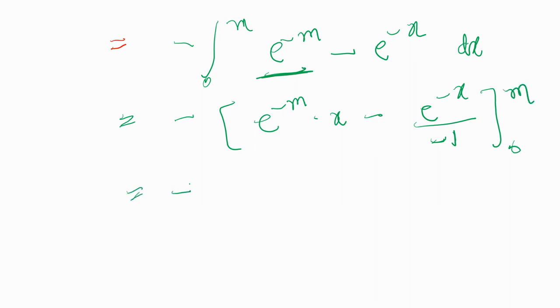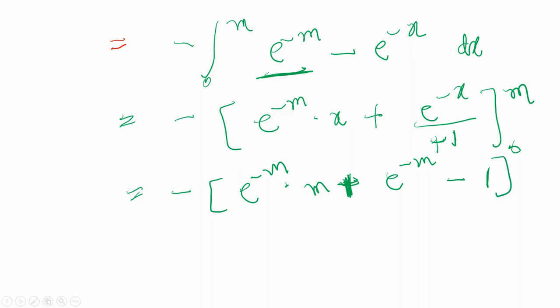Now we can put in the limits. It will be e to the power minus m times m, minus e to the power minus m, plus, since minus times minus is plus, minus e to the power, this will be 1, right?